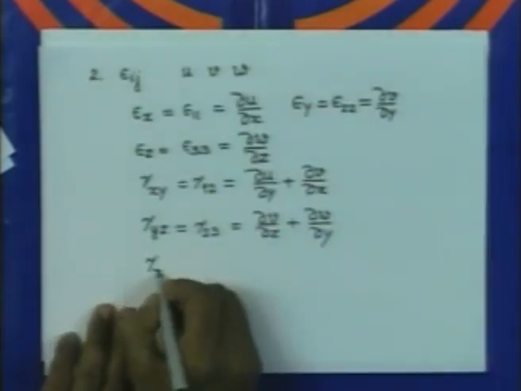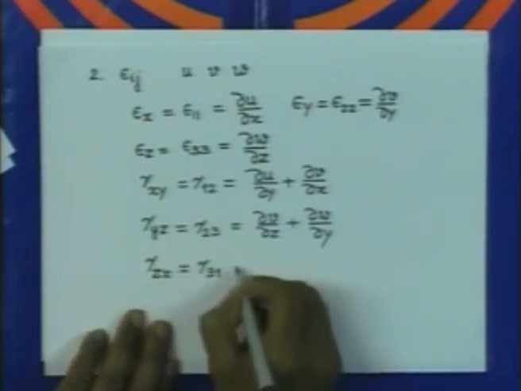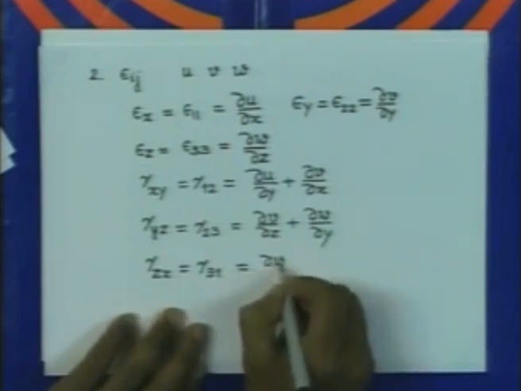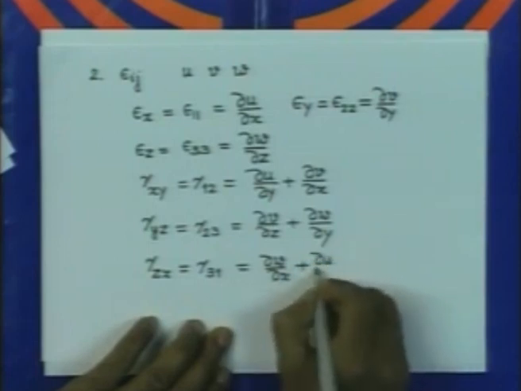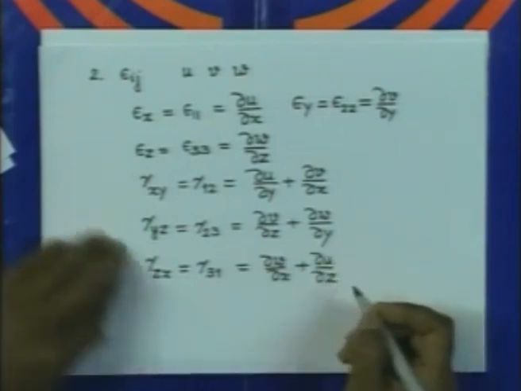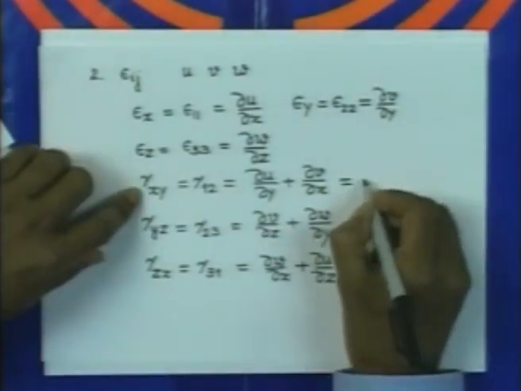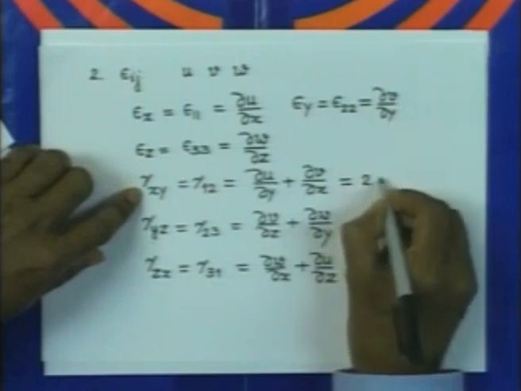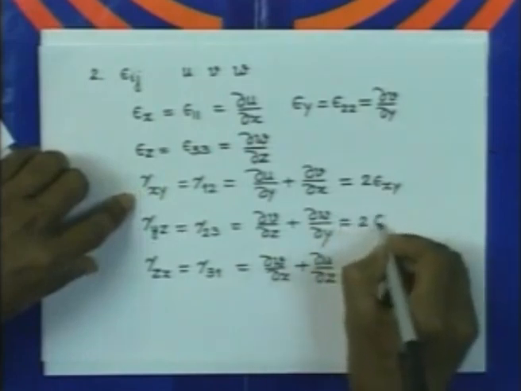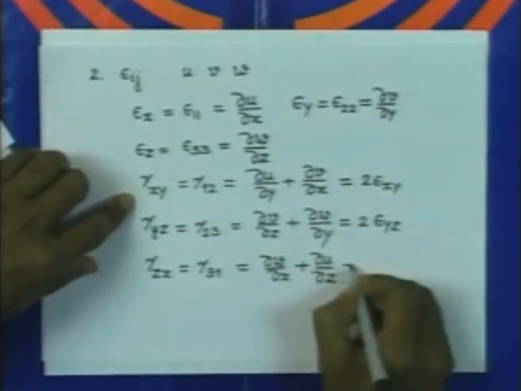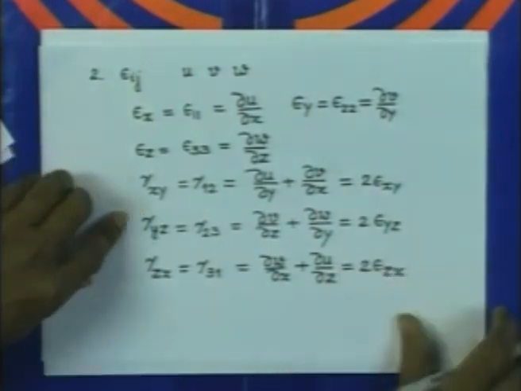Lastly, we had gamma zx is equal to gamma 31, which is nothing but delta w delta x plus delta u delta z. You have also noted that these components are equal to 2 times epsilon xy, 2 times epsilon yz, and 2 times epsilon zx.